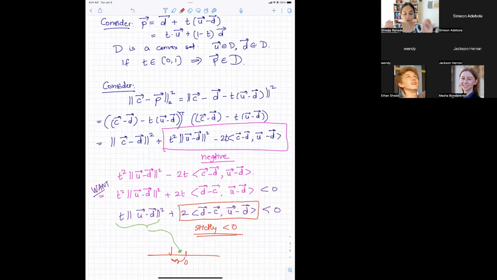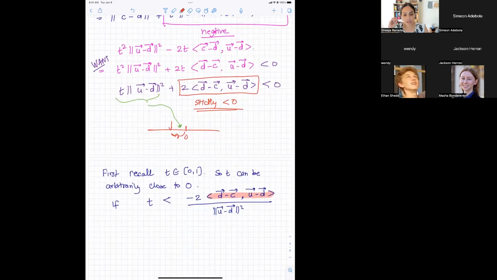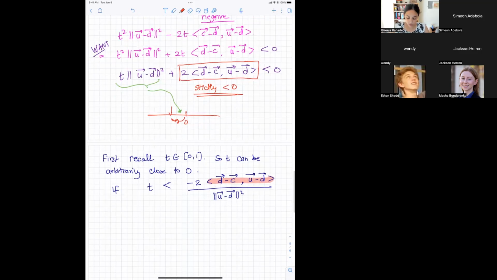And then P would also be exactly the point D. And therefore, you would not get a contradiction because you would get D, you wouldn't find a different point. But the point is here, by choosing a t that is strictly different from 0, we can find another point that contradicts the minimality of the distance between C and D. Okay?